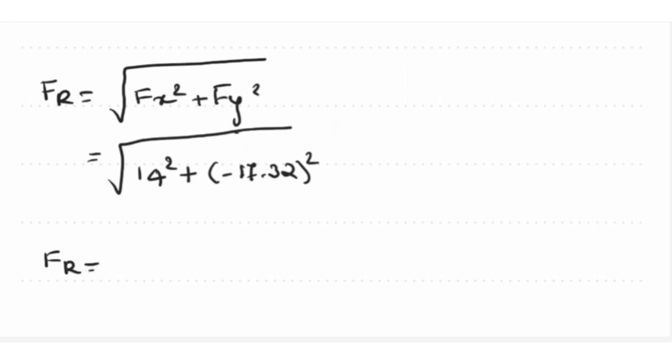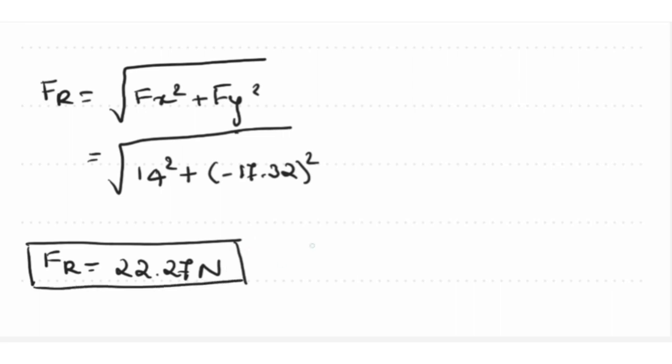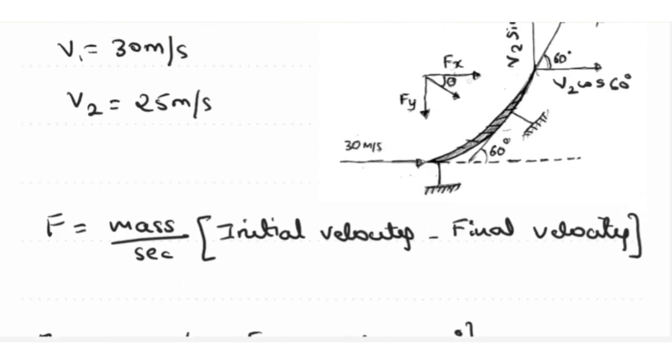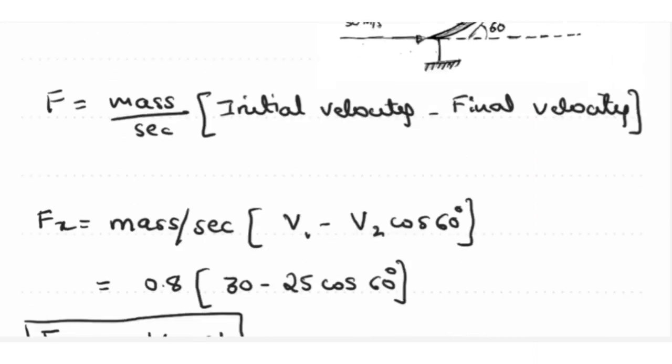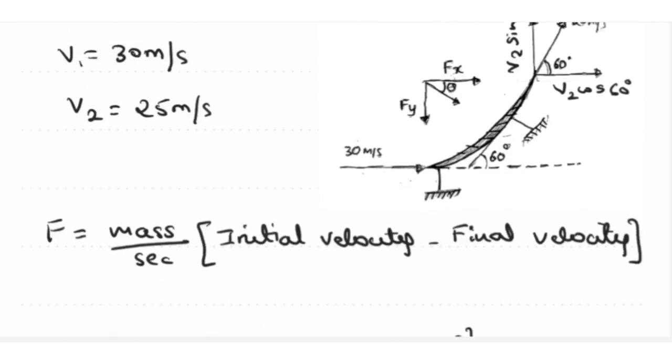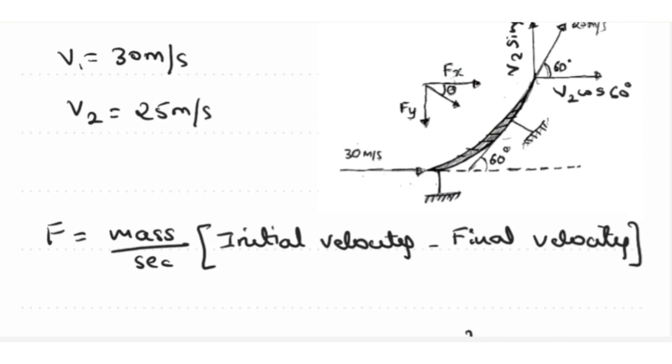Fr is equal to 22.27 Newton. Here Fx we got as a positive value, so it is acting towards the right side, and Fy is negative, so Fy is acting downwards.